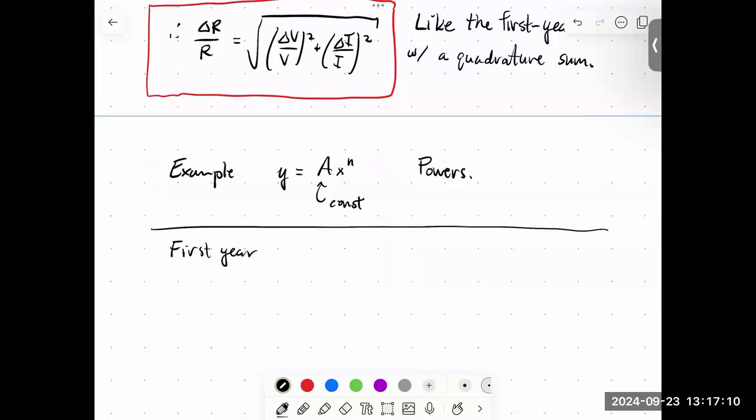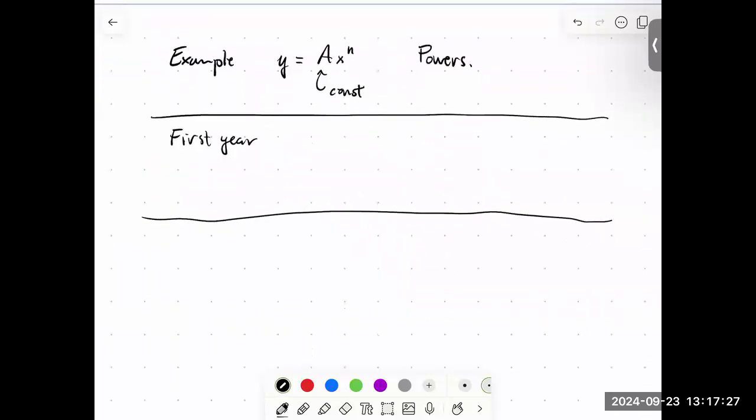How would you do this in first year? What's the uncertainty in y? Somebody must know. Okay, no volunteers, then we'll just power through and calculate this.